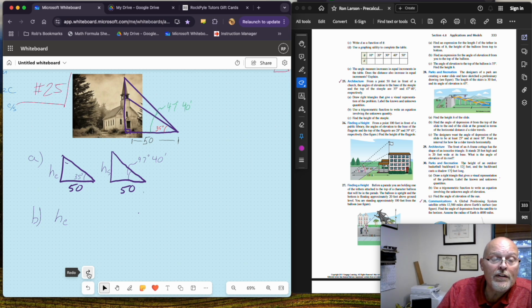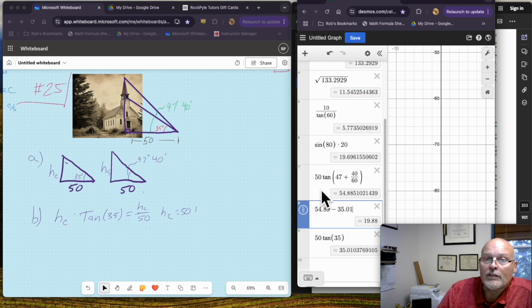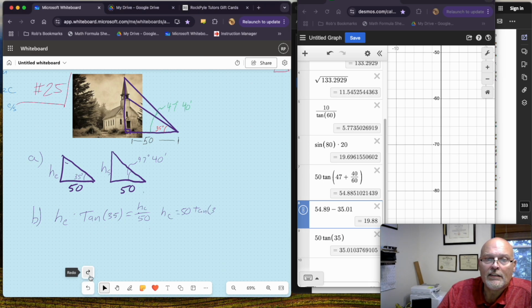From the 35 degree angle's point of view, height is opposite, 50 is adjacent. So my tan of 35 is going to be the height over 50. Blow that out over Desmos, and I've got 35 feet.